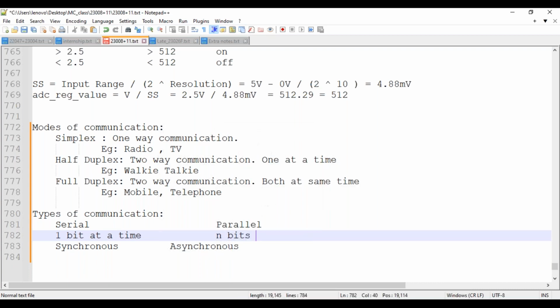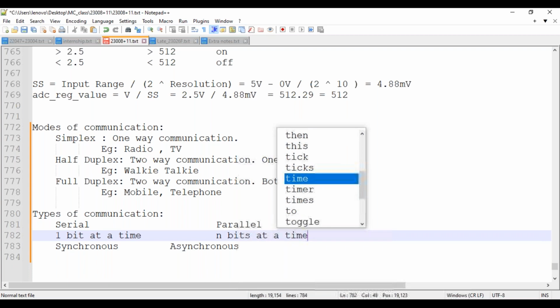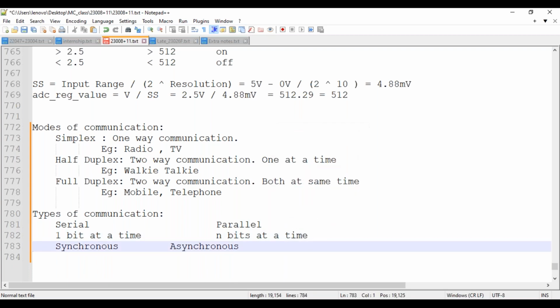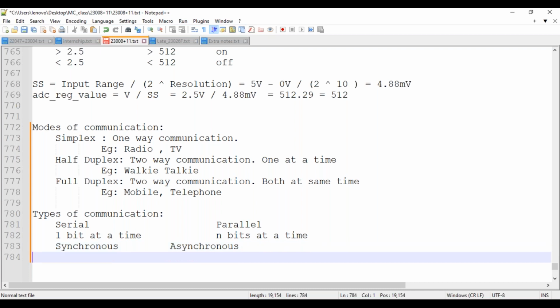So in serial communication, you can transmit 1 bit at a time. In parallel communication, you can transmit n bits at a time. So that's the first difference between serial and parallel communication.